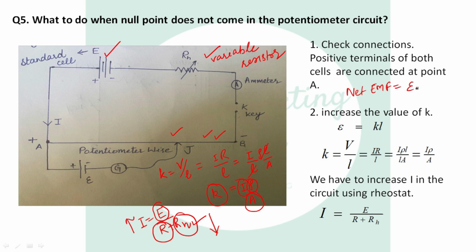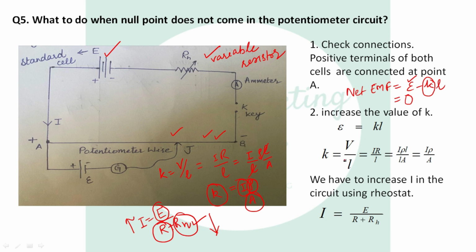It is E minus KL. So when K increases, this factor will increase, and at some point it will become equal to E, and both will get subtracted and the answer will be 0.